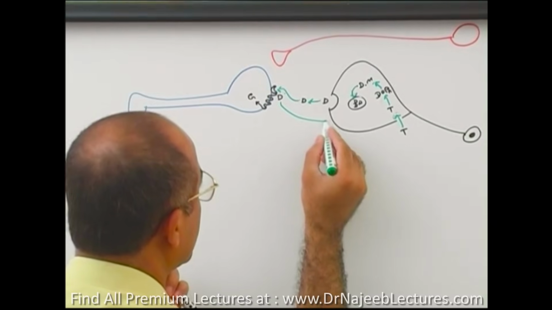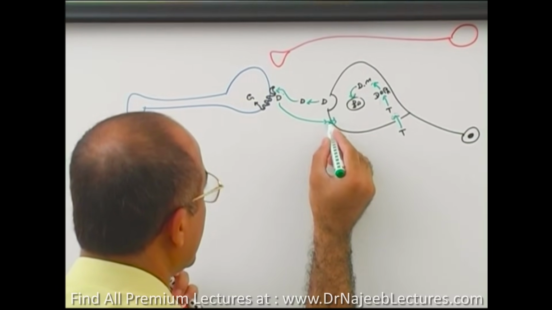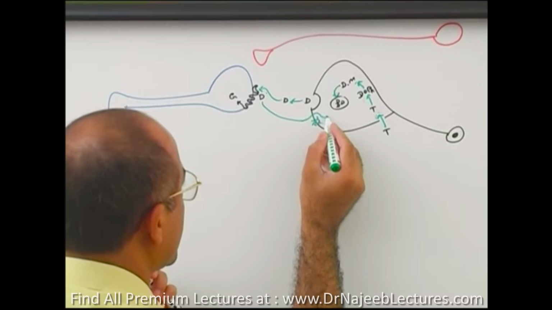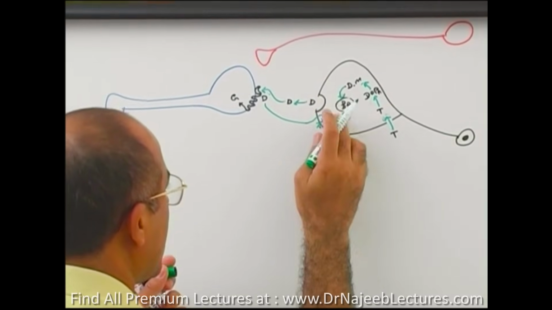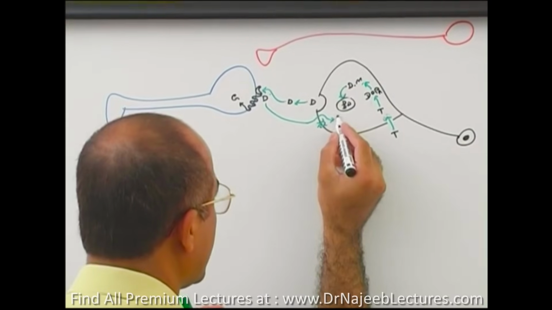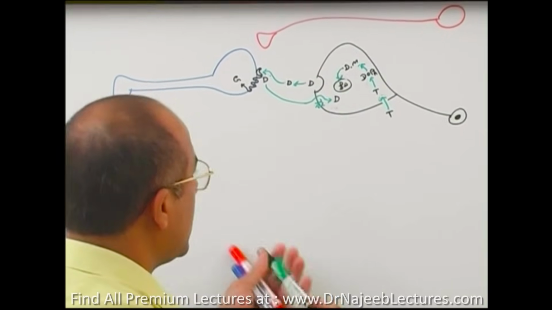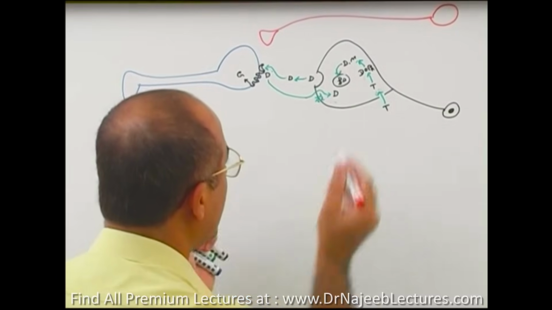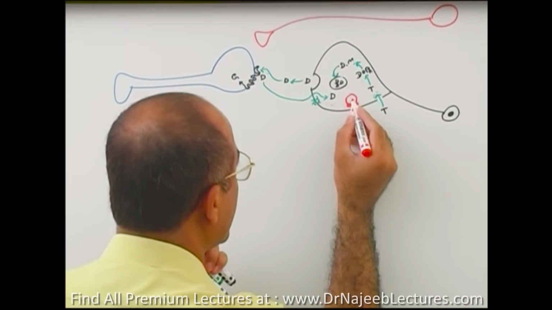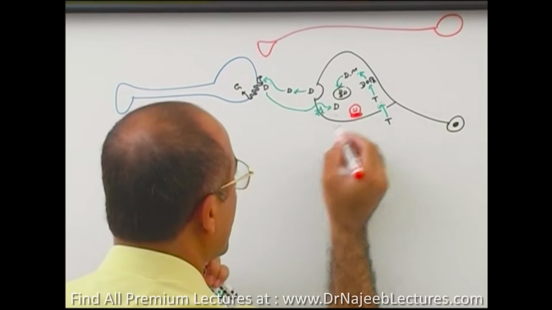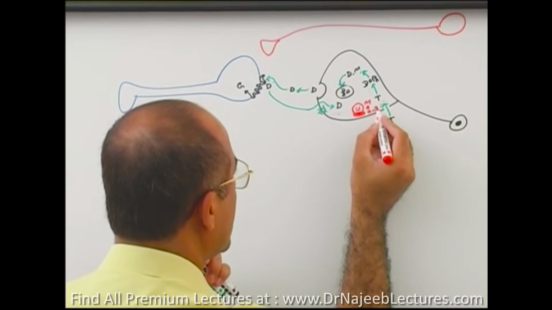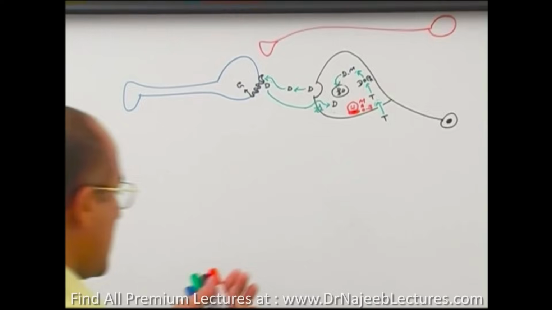That was reuptake mechanism number 1, right? And this dopamine, once it is recaptured, it is vulnerable to destruction by which enzyme, please? That enzyme is called monoamine oxidase, especially B, right?